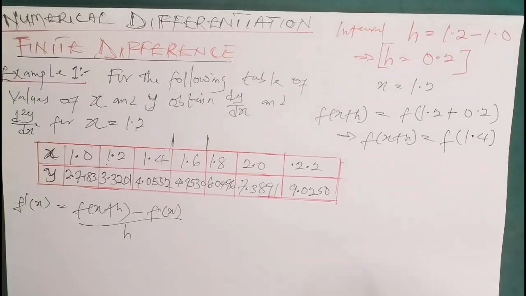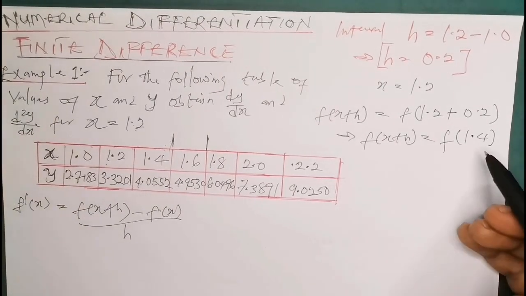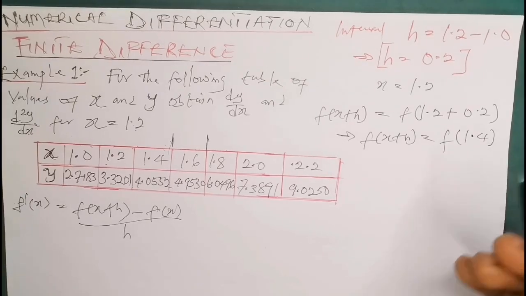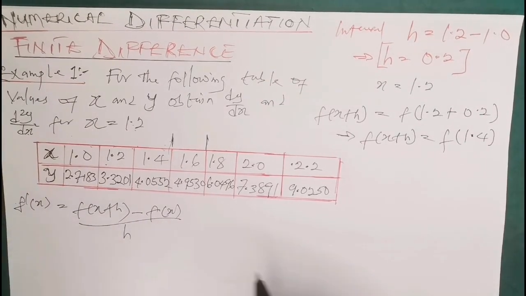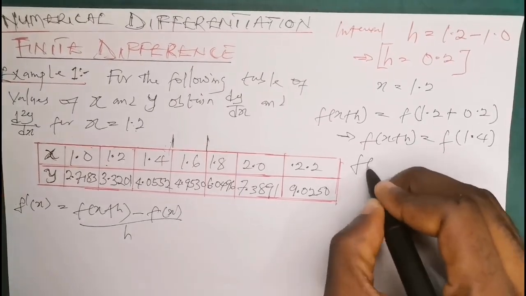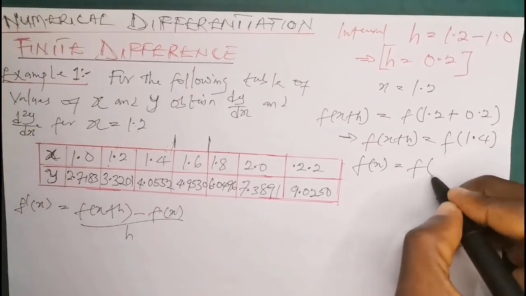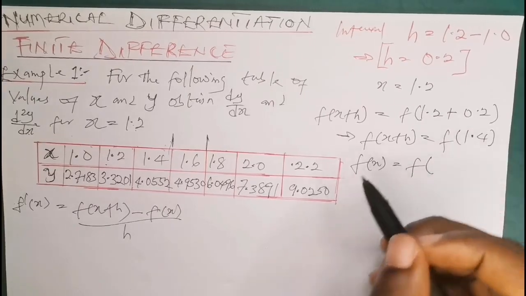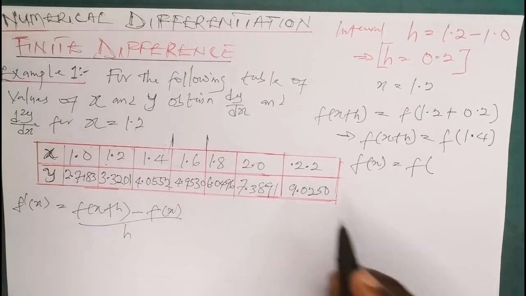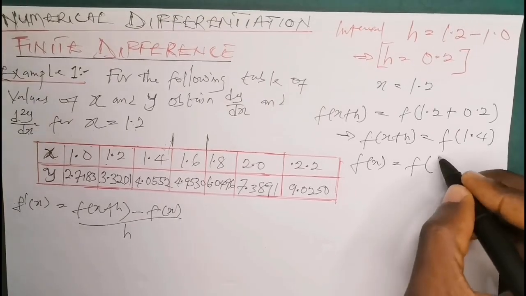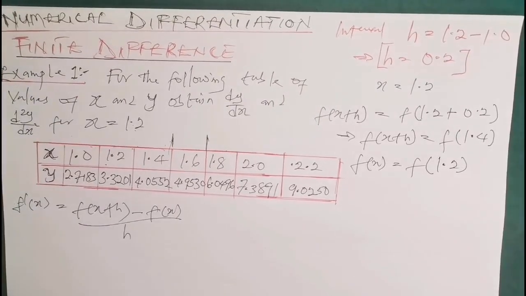So keep this: f of x plus h is f of 1.4. Now again, f of x. x itself is the point of interest, and x there is 1.2. So f of x there becomes f of 1.2.